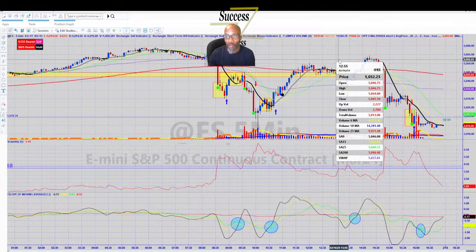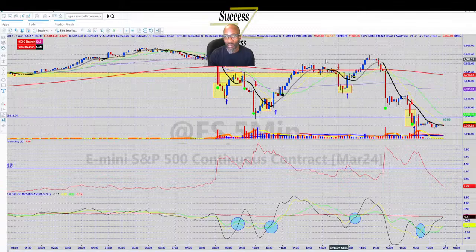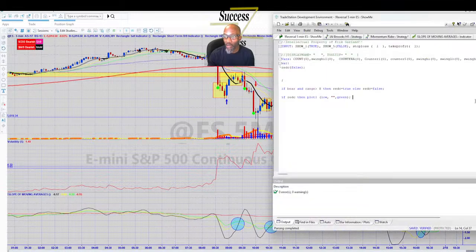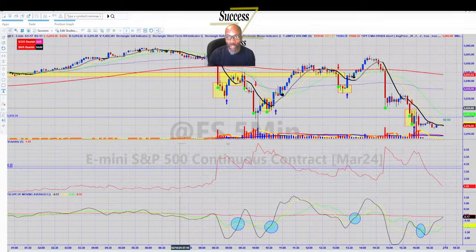Let's see what the length is from the high of 46 to the low of 44. No. High of 44, low of 36. Okay, there we go. So that's roughly 8, a little bit shy of 8. So 7 ought to catch it. But we also caught this one too.